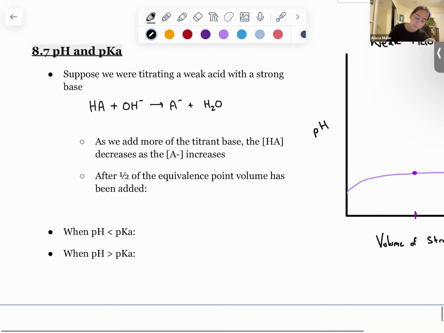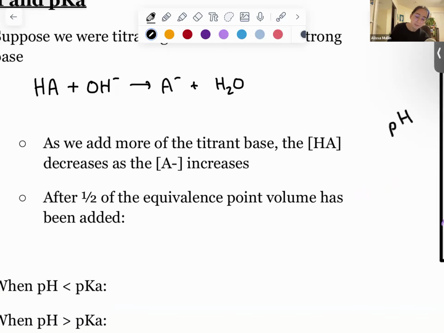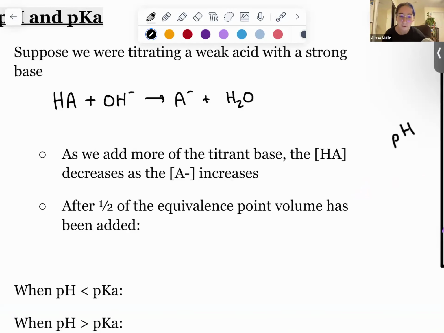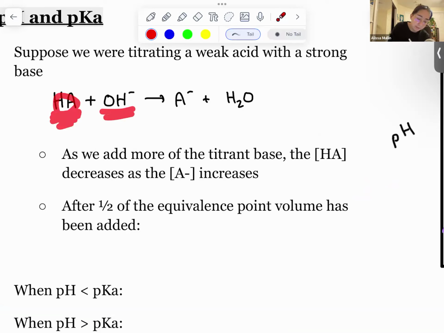So as we add more of the titrant, I feel like this is part of why I wanted to do all those ice tables when we talked about titrations. You can go back and look at your math. But as we keep adding more and more of this, we're reacting with it, using up this acid and forming more of our conjugate base.